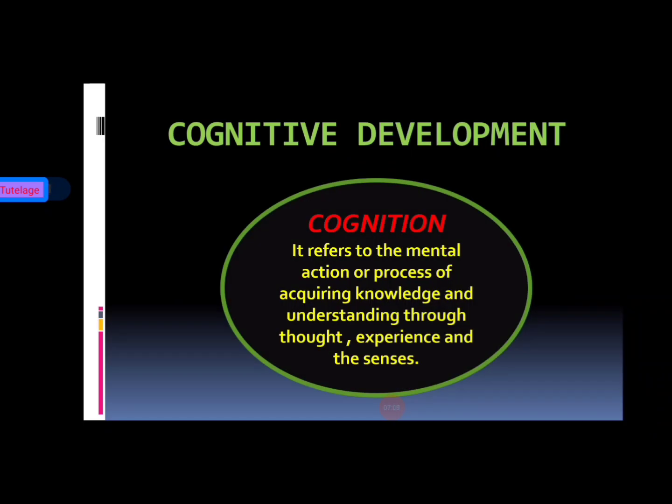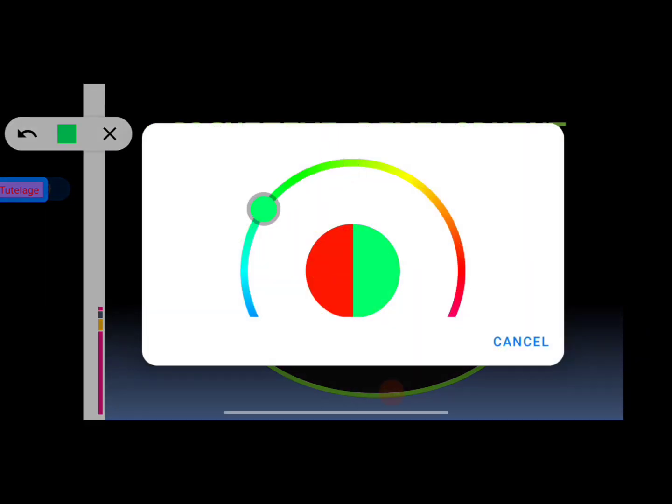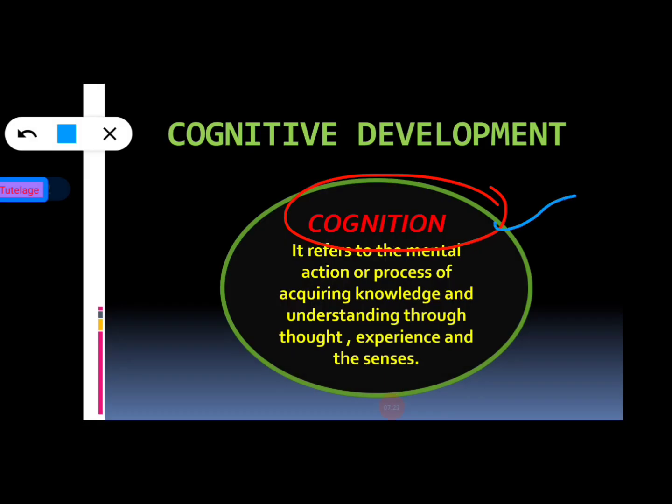Before going to the discussion on cognitive development, at first we have to know what you mean by cognition. So do you know, learner, what you mean by cognition? So basically, cognition refers to the mental action or process of acquiring knowledge and understanding through thought, experience, and senses.